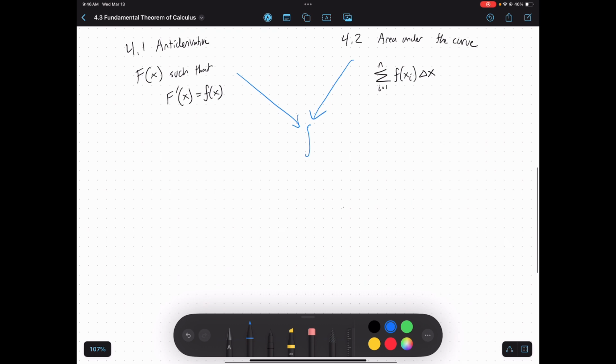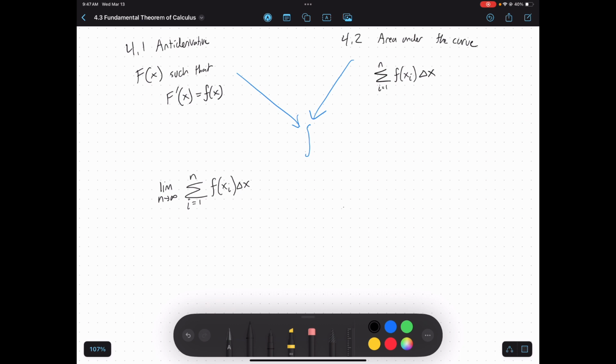Well, if I have a function, then what's stopping me from using an infinite number of rectangles that all have just an infinitesimal width? Couldn't I theoretically do that?